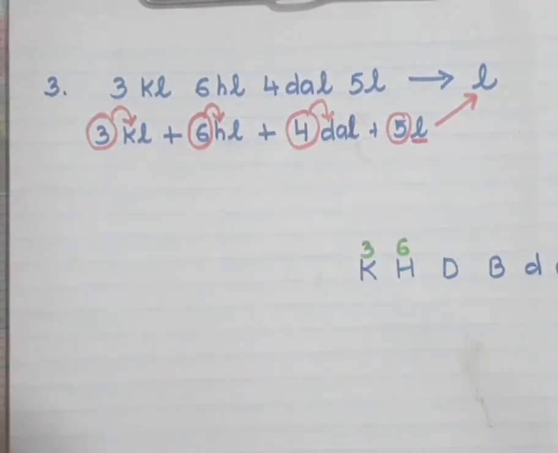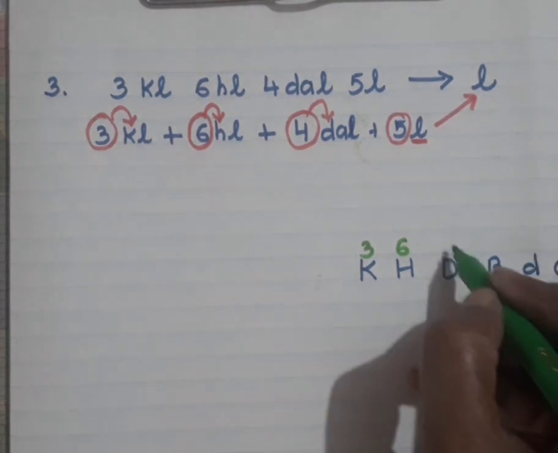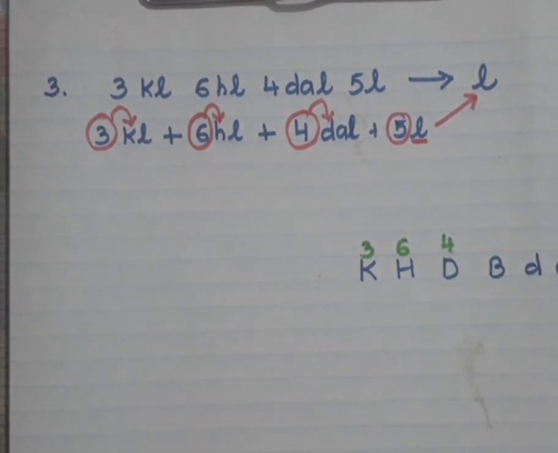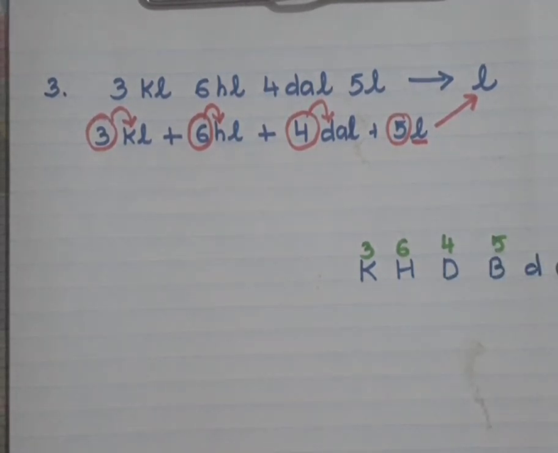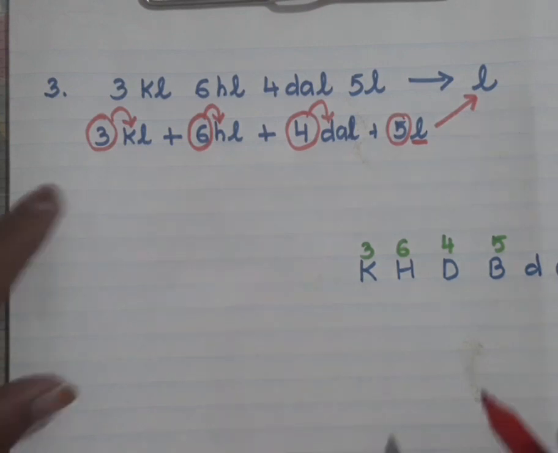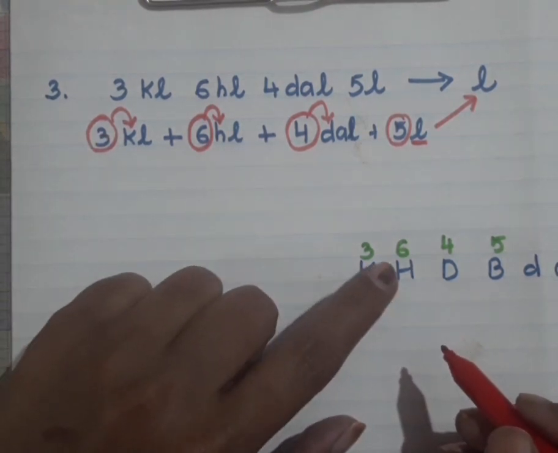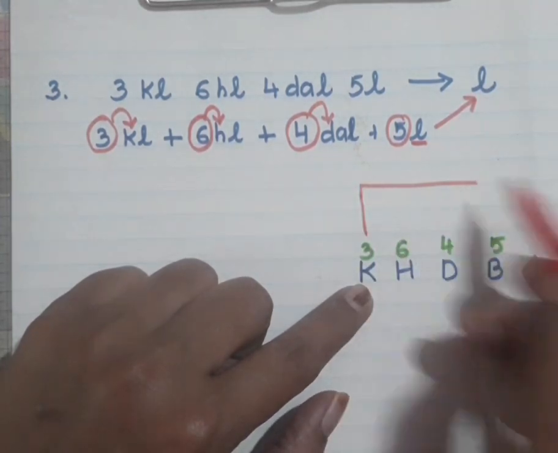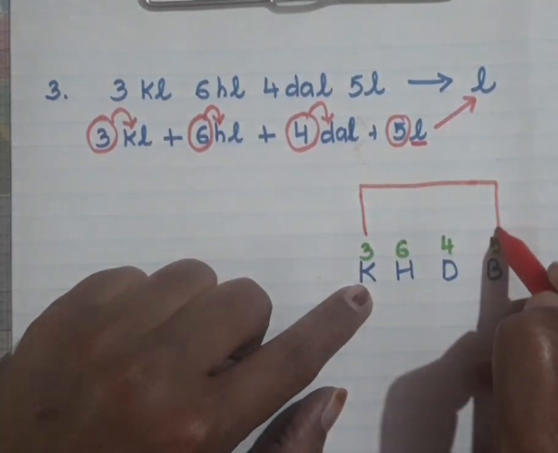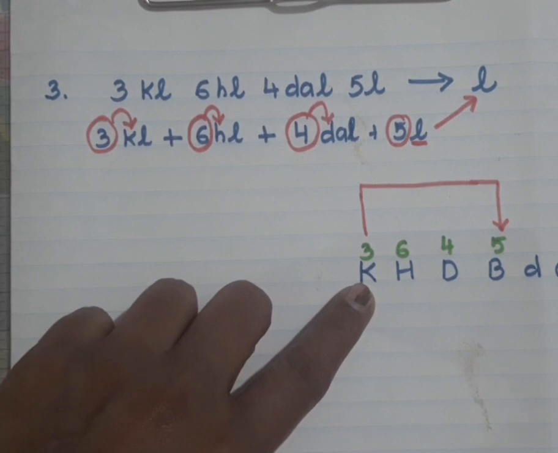Deca. And 5 is already at liters, isn't it? Now, what do we have to do? We have to convert this kiloliter to the basic unit, which is our liter, isn't it?